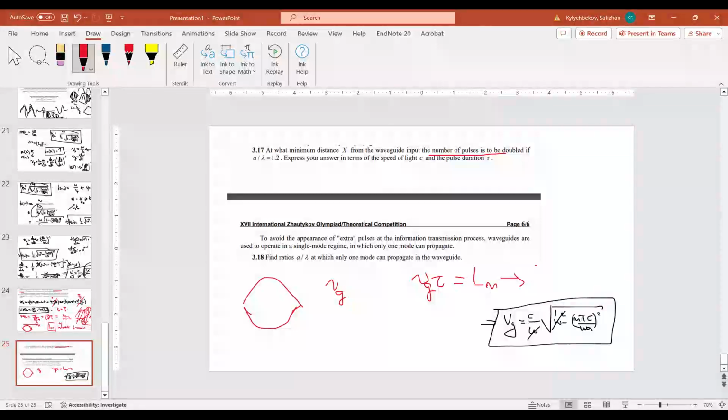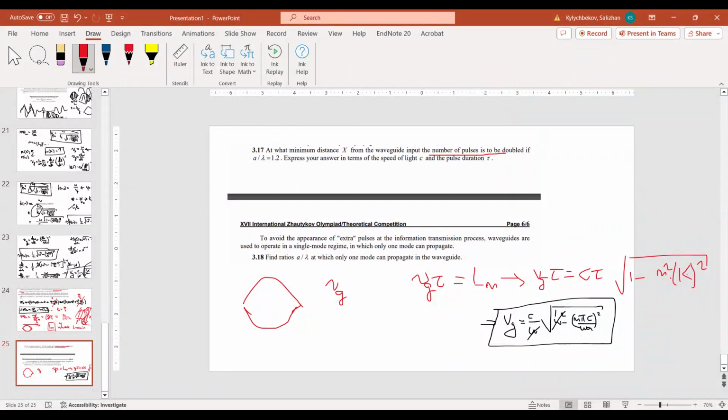L as a function of m is equal to Vg multiplied by tau. That one is proportional to c tau times the square root of 1 minus m squared and some constant, some factor, big K, let's say, some constant squared. Obviously, the smallest one is when m is the biggest one.